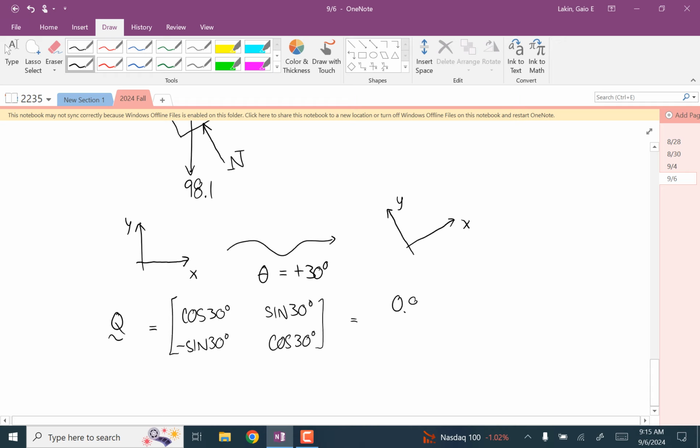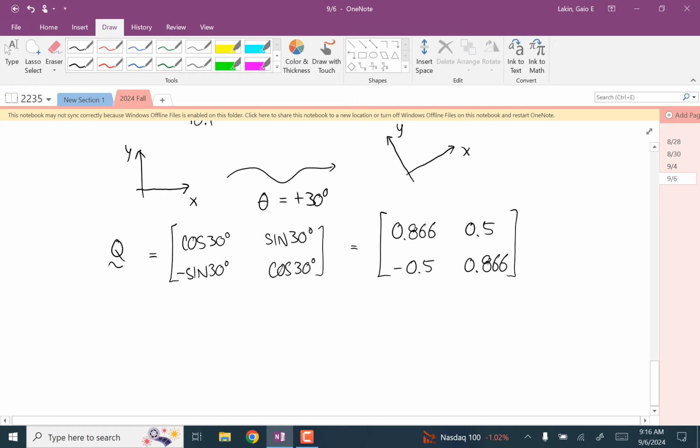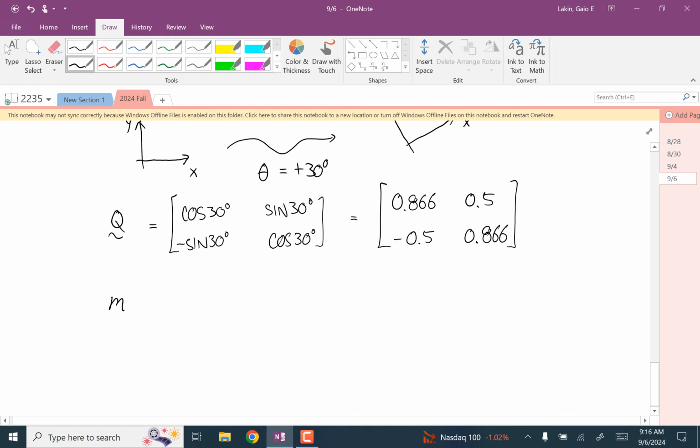And that is 0.866, 0.5, negative 0.5, 0.866. Okay? And so mg in the new coordinate system is just Q times mg in the old coordinate system.